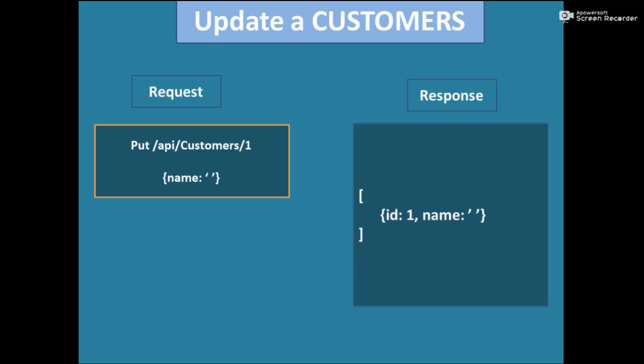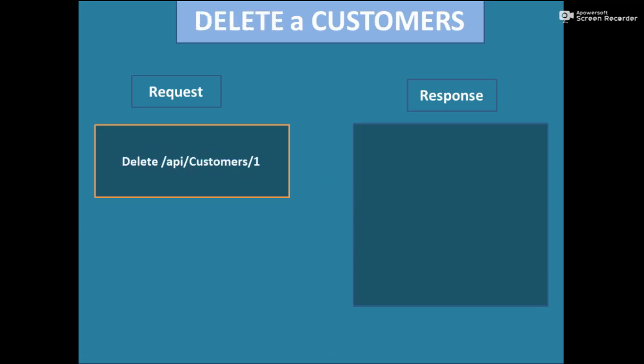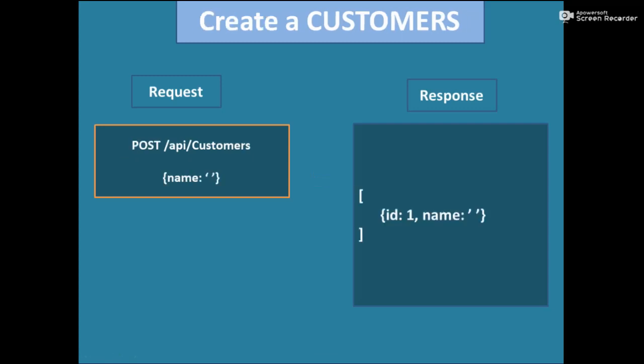We send it to the server, and the server updates the customer with the given ID according to these values. Similarly, to delete a customer, we send an HTTP DELETE request to this endpoint, but here we don't need to include the customer object in the body of the request, because all we need to delete a customer is an ID.